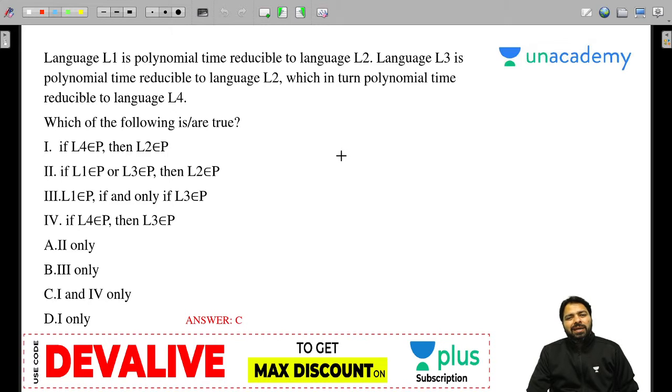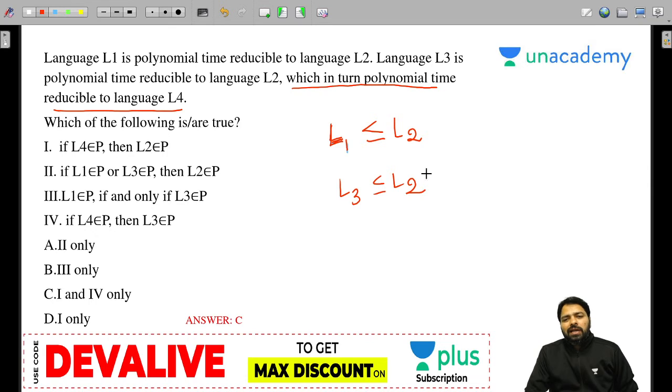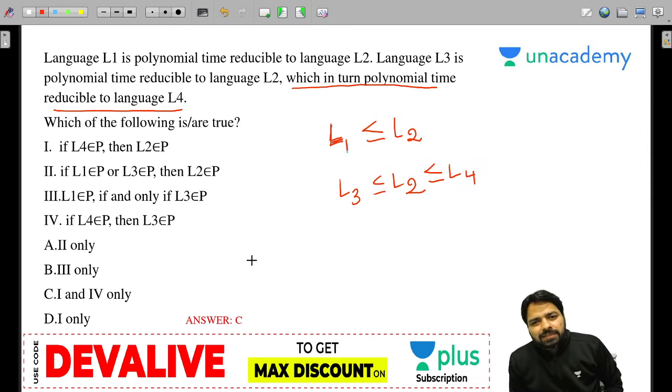L1 is polynomial time reducible to L2. Don't worry, I'm talking about those people who are preparing for GATE. Those preparing for ISRO and other exams, it is important. L3 is polynomial time reducible to L2, and L2 in turn is polynomial time reducible to L4. This is how the relation is given, guys.